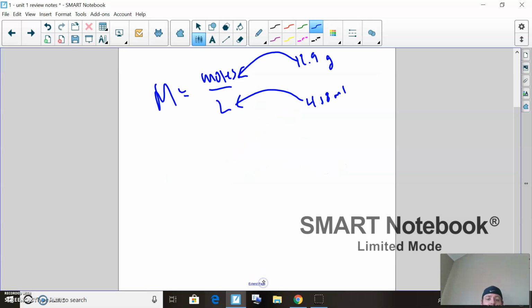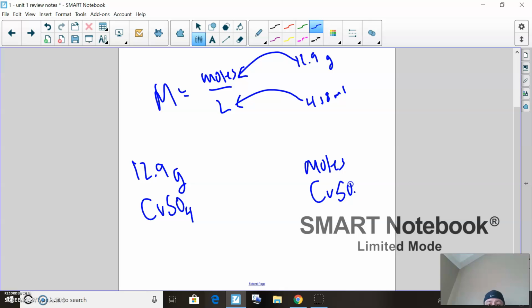So how I convert from grams to moles is I go 12.9 grams of copper sulfate, and I have to go to moles of copper sulfate. Okay, 1 mole. Basically, it's the first bracket of stoichiometry.